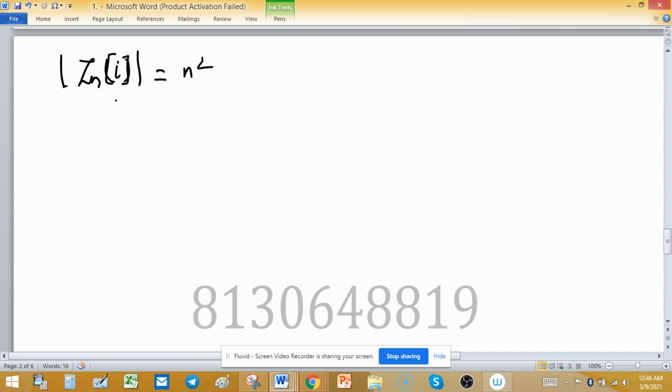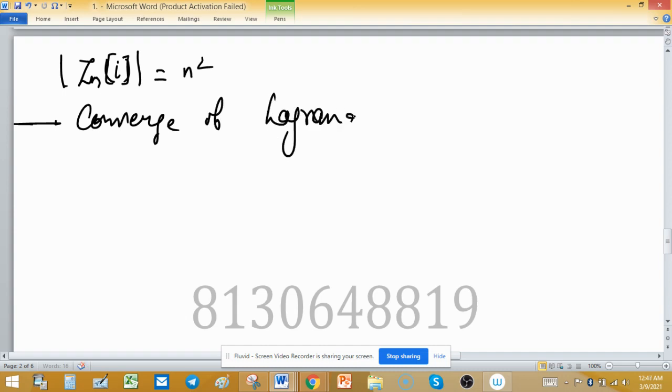We know the Lagrange theorem: the order of a subgroup divides the order of the group, or the order of an element of a group divides the order of the group. But the converse of Lagrange theorem is not true.